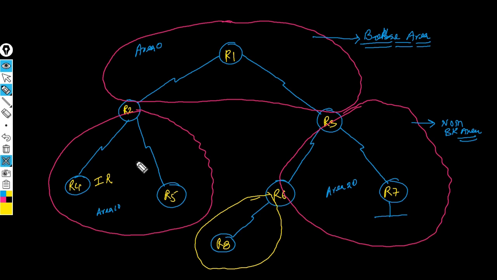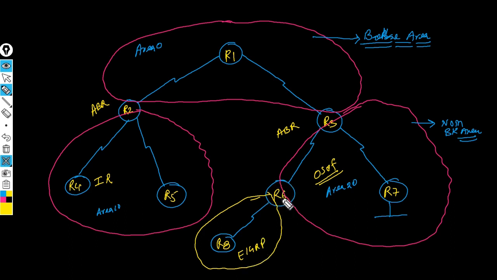And the routers which connect two different areas, like area 0 and area 10, are considered ABR, area border routers. And the routers which connect two different protocols, for example, here OSPF is running in area 20, and here I am running another protocol, let's say EIGRP.